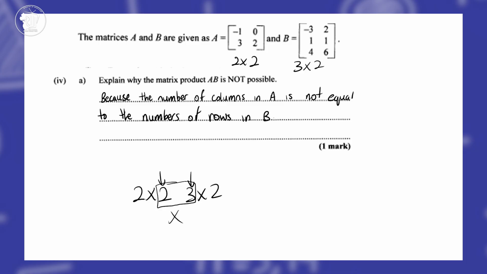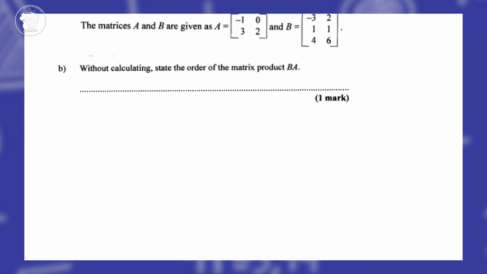So for them to be compatible, these two numbers must be the same. The number of columns in the first matrix must be equal to the number of rows in the second matrix.